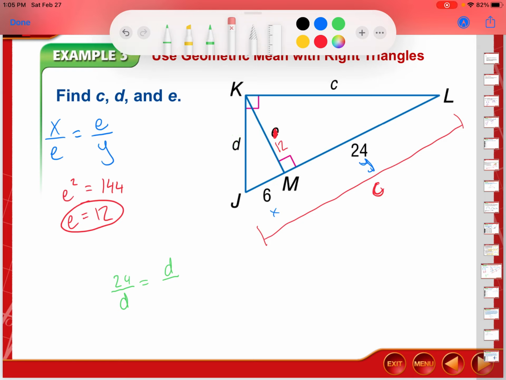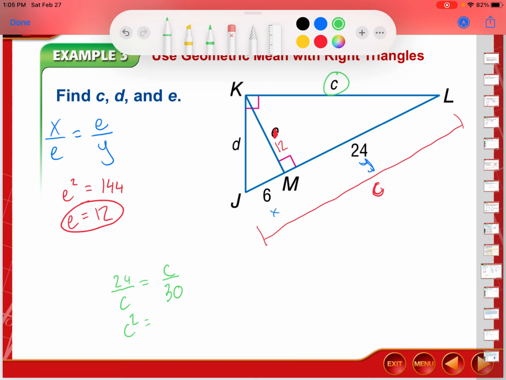So here's the mistake I made so we can learn from this. I set this over D when it should have been over that C. So 24 over C equals 24 times, it should be 30. There we go.